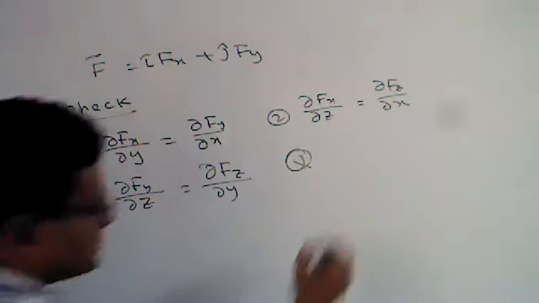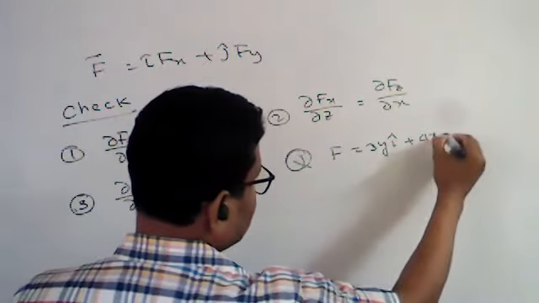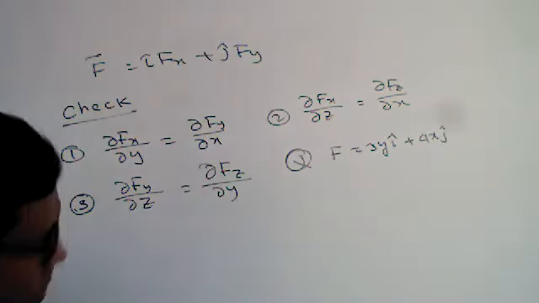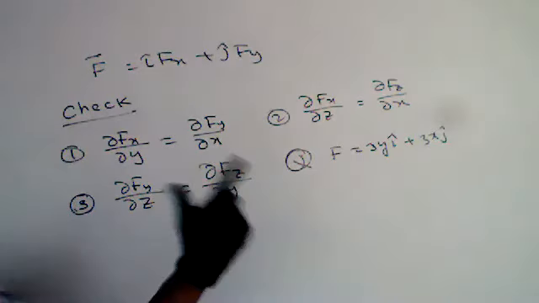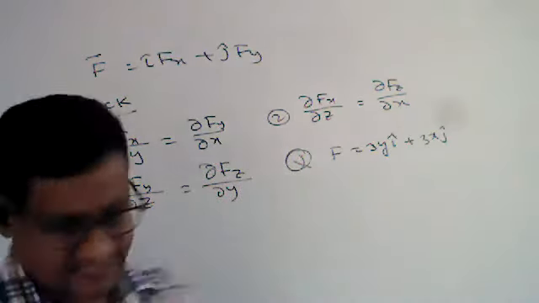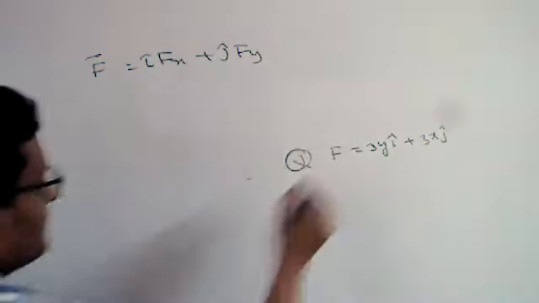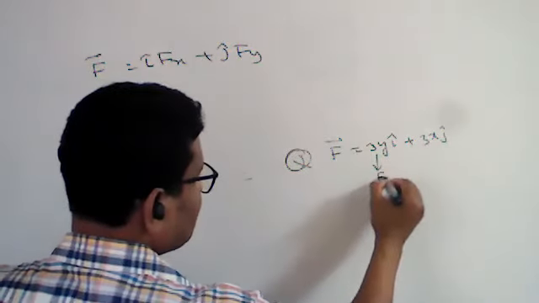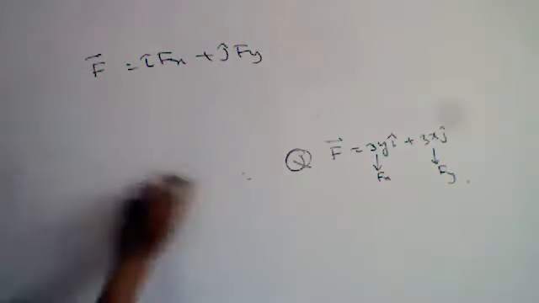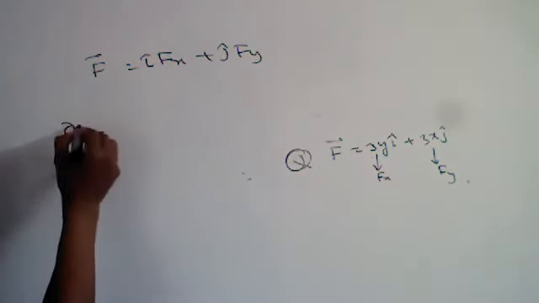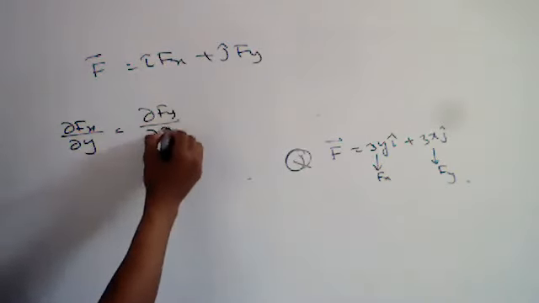Let's calculate a math question. F equals 3y i and 3x j. Is the force conservative or non-conservative? Check it. At first, we can say this is Fx and this is Fy. Now, delta Fx by delta y equals delta Fy by delta x.